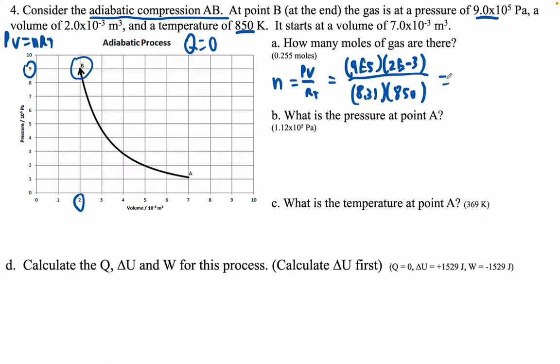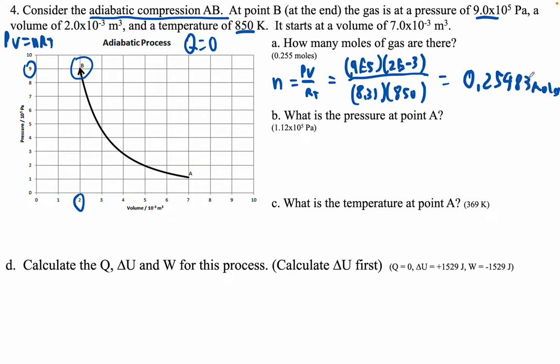Okay, so let's figure this out. 9E5 times 2E minus 3 divided by 8.31 divided by 850 kelvins. And we get that it is 0.25483 moles. And I'm going to store that because I'm going to use that later.